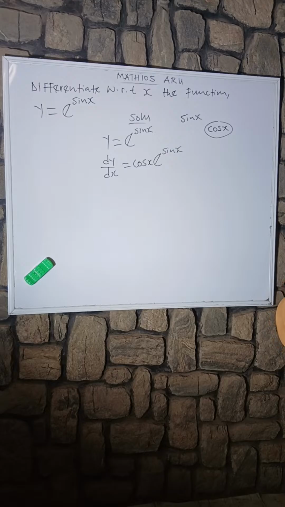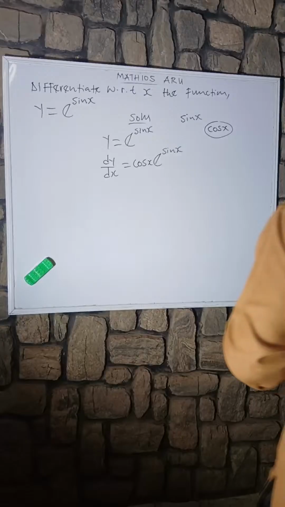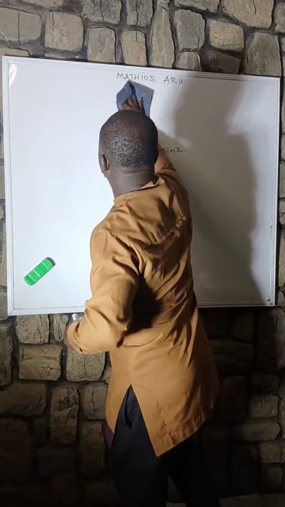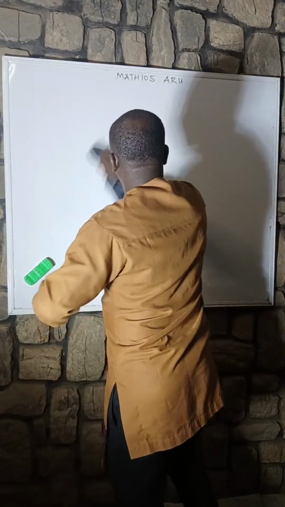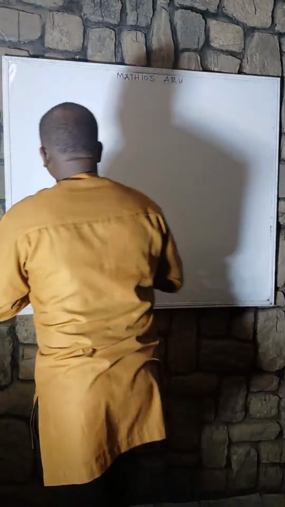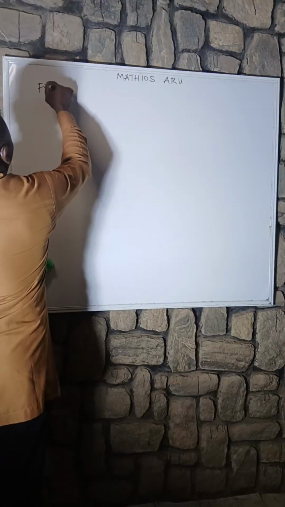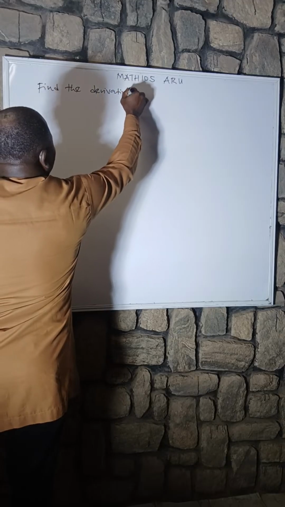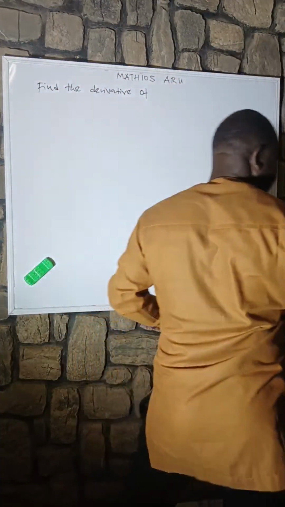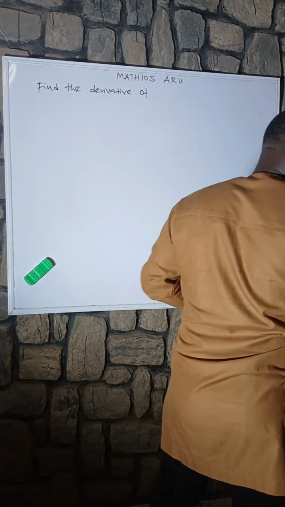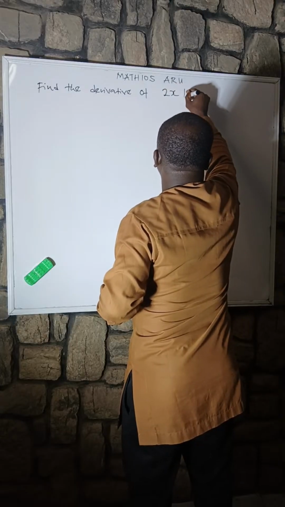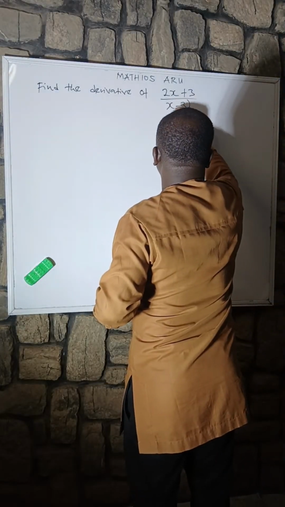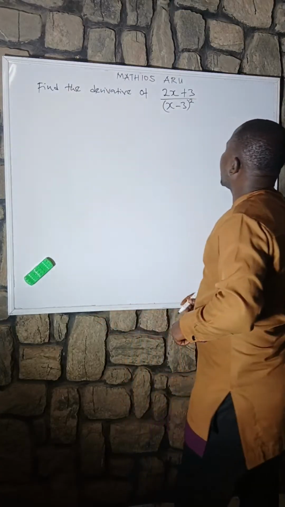One of the questions says, find the derivative of (2x plus 3) all over (x minus 3) raised to the power of 2.